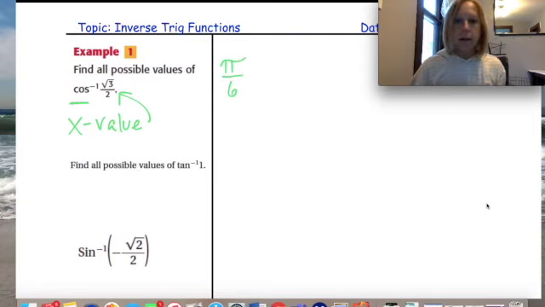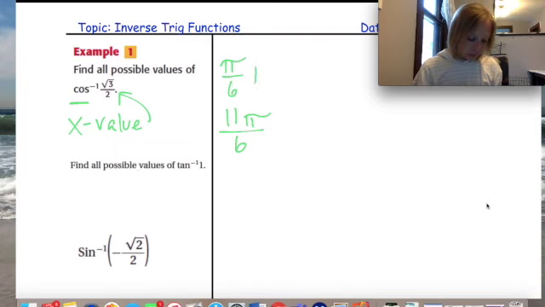And then I see it again at 11 pi over 6. Remember, cosine is positive in the first quadrant and the fourth quadrant, so actually you only need to look at those two places. But remember, we could spin around, so we write plus 2 pi n at the end of our answers.